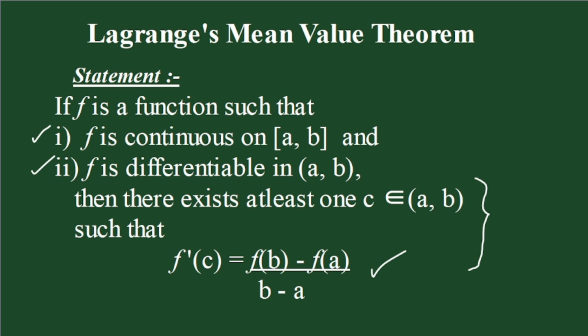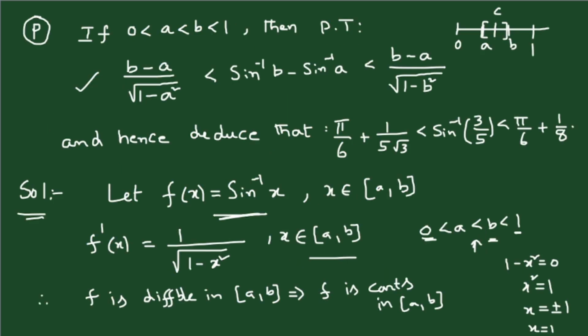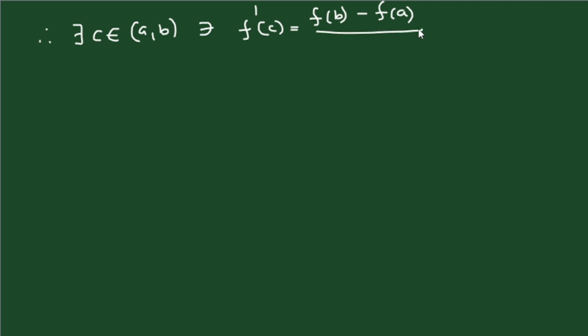We make use of this Lagrange's theorem and conclude that there must exist a C, at least one C, in the open interval (A, B) such that f dash C is equal to f(b) minus f(a) by b minus a.